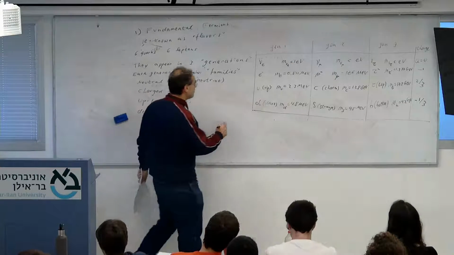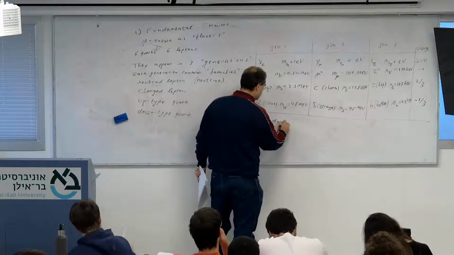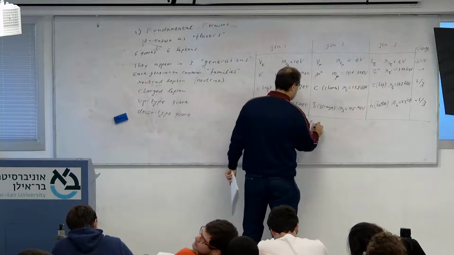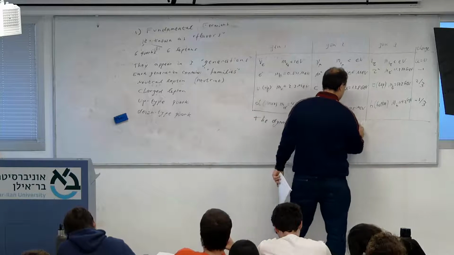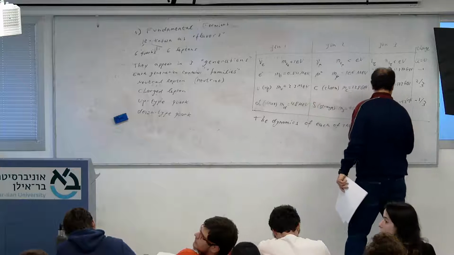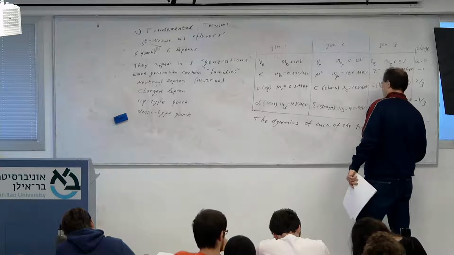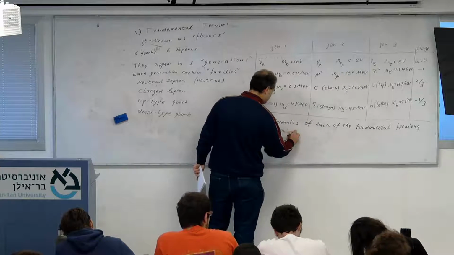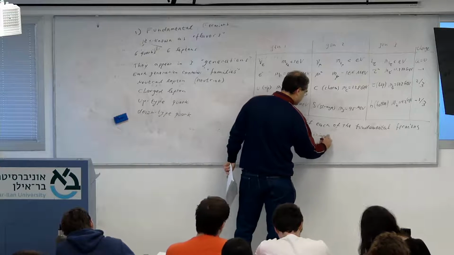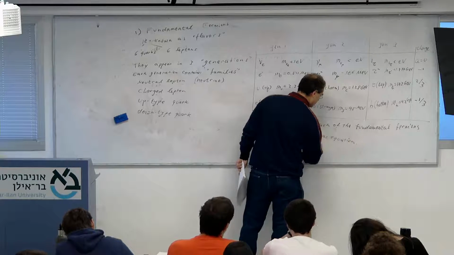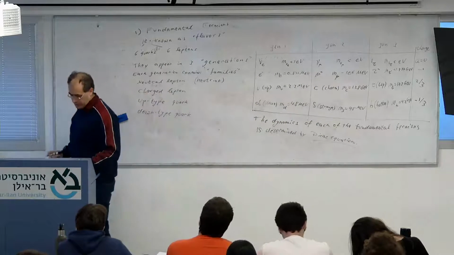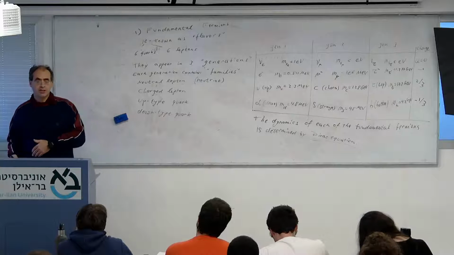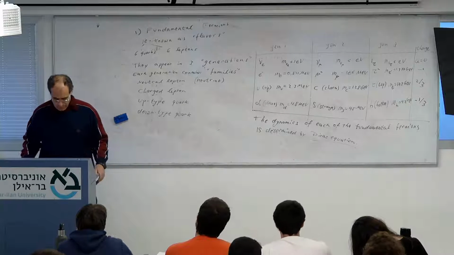The dynamics of each of the fundamental fermions is determined by the Dirac equation, which in many ways is a relativistic generalization of Schrödinger's equation. And we will learn that.